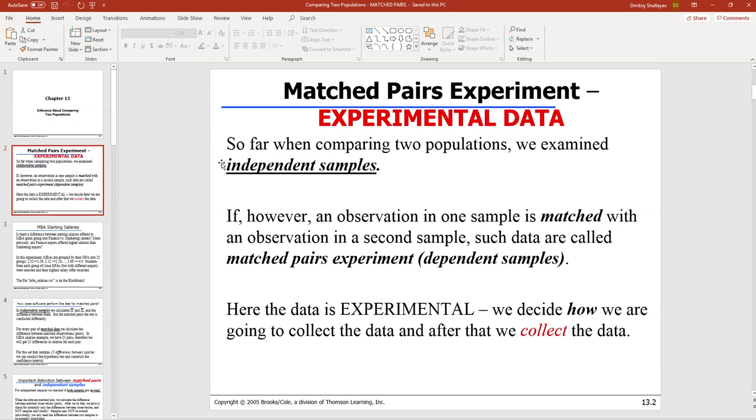That's why they're called matched pairs. There are two samples, and each line is matched somehow. That's why we call it experimental: we make a decision on how we're going to collect the data precisely, and then we go ahead and collect it.